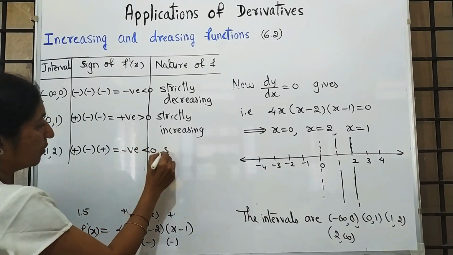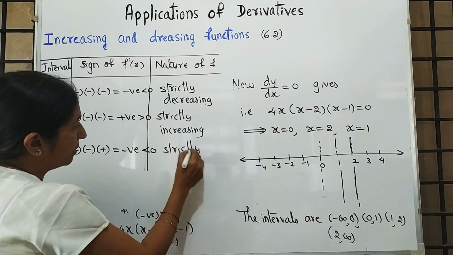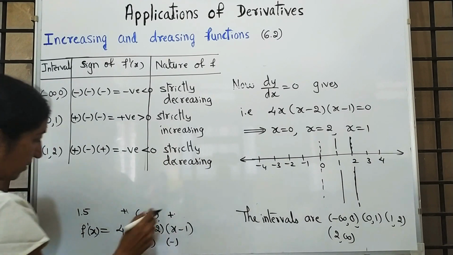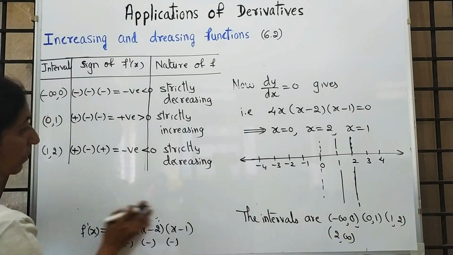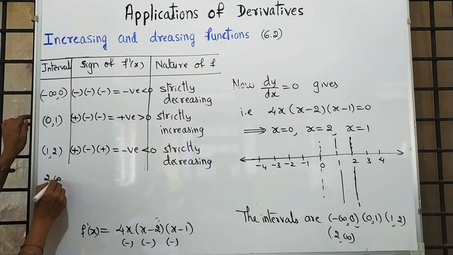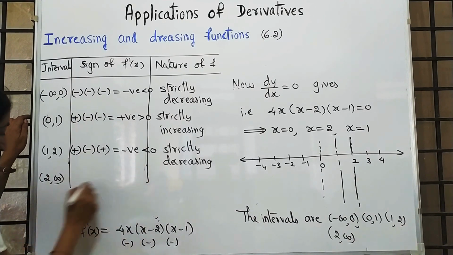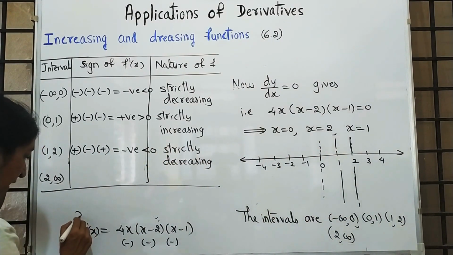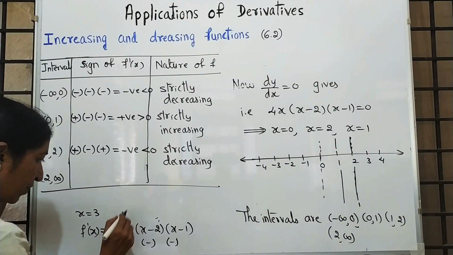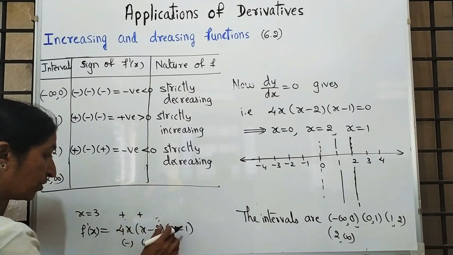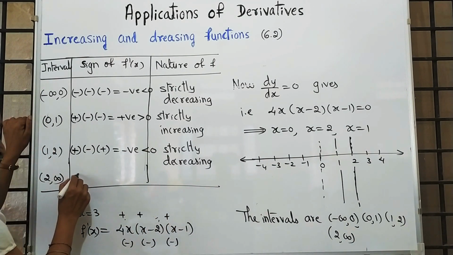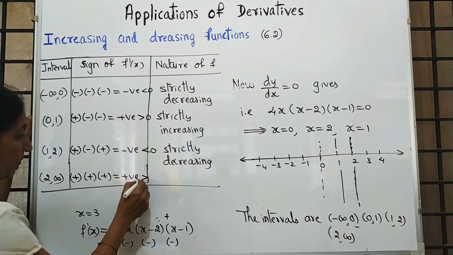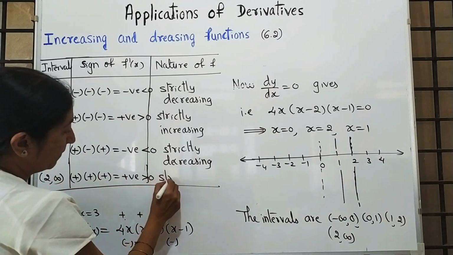Negative, less than 0, strictly decreasing. Next, we have to take the value from the interval 2 to infinity. Take any number, I am taking 3, x is equal to 3. This is positive, 3 minus 2 positive, 3 minus 1 positive. Positive, positive, positive. Finally, we got positive, greater than 0, strictly increasing.